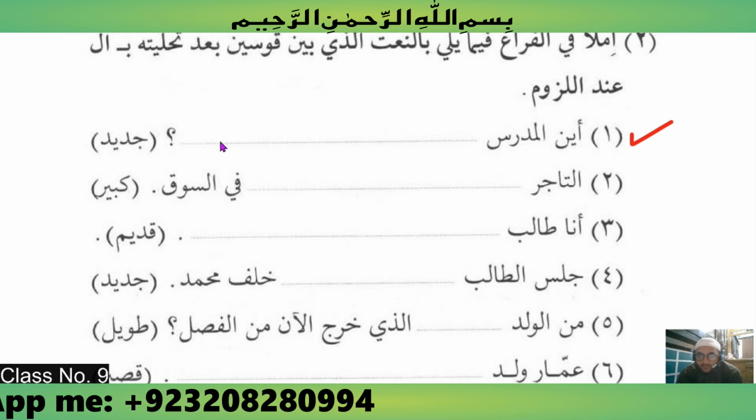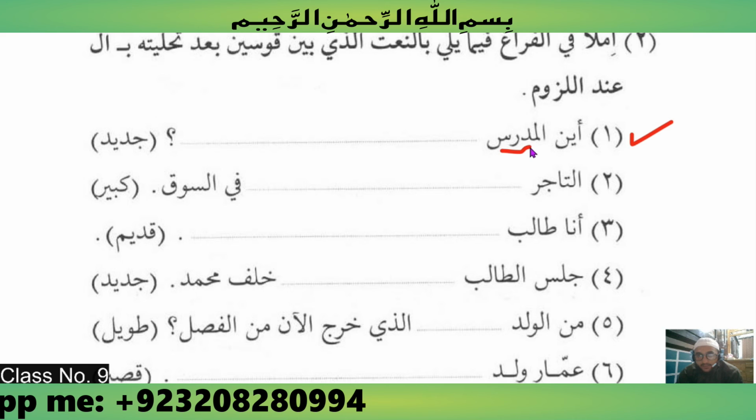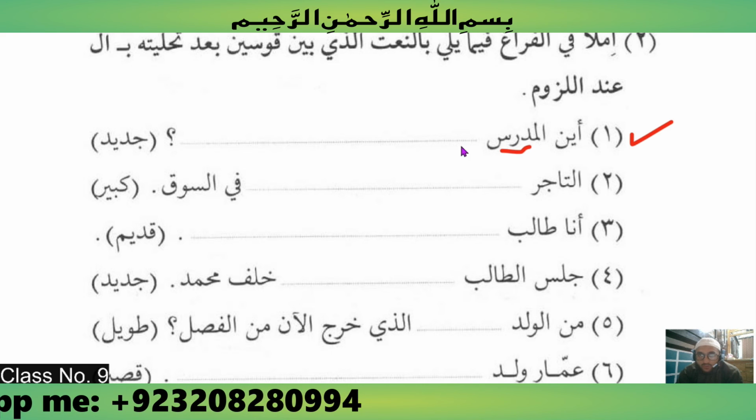Okay, alright, the first one is أين المدرس؟ It will be جديد or الجديد. The answer is الجديد because it is معرفة and مذكر also. So it will be أين المدرس الجديد؟ Where is the new teacher?